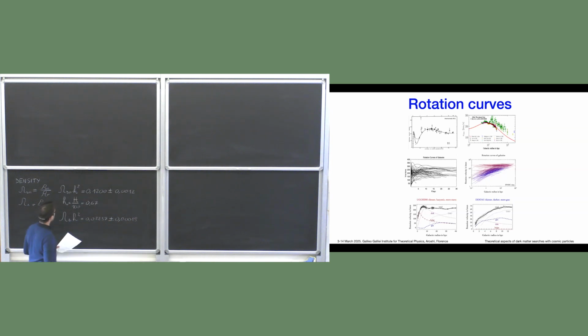So roughly speaking, if we just calculate omega, 26% is made of dark matter, while roughly 4.9% is ordinary, baryonic matter. So dark matter makes roughly 85% of the total matter in the universe.